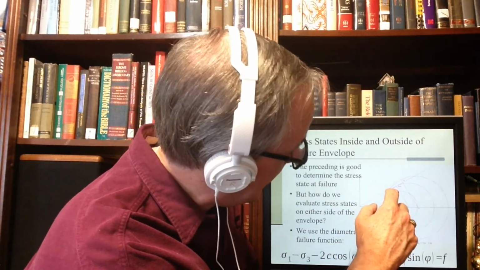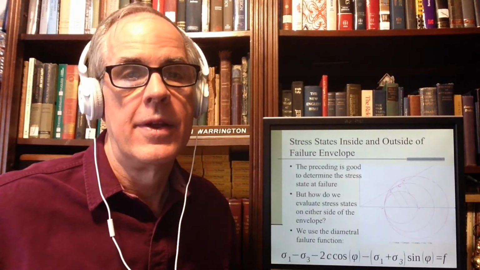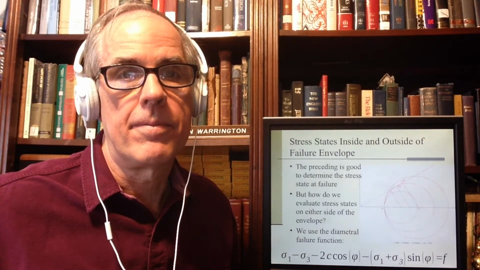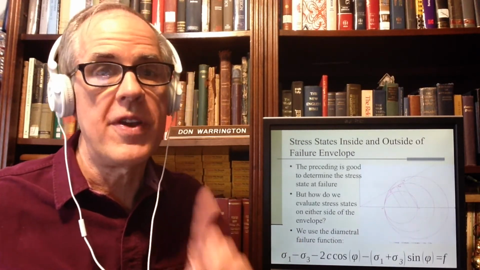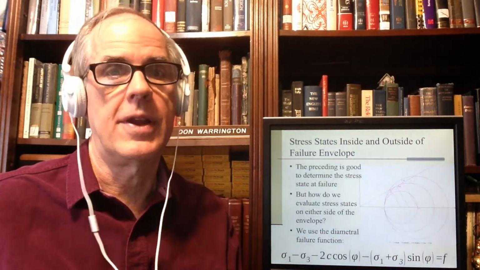In other words, as long as the distance between the closest point here and that line is negative, we're within the failure envelope. When it hits 0, we've hit failure, and when it's positive, we are in an illegal stress state. We have experienced failure. This is not a good thing.